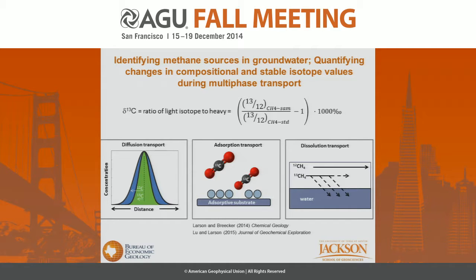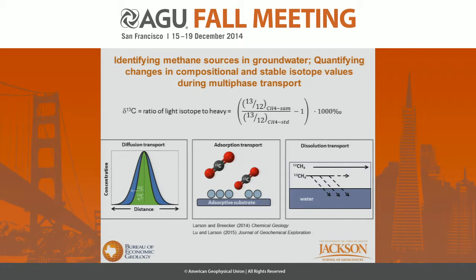The one that I'm going to talk about here though is dissolution isotope effects. C13 methane has a higher solubility than C12 methane, so if you were to transport methane over a body of water, you're preferentially going to lose the C13 methane into the water because of its higher solubility. And so that front, I think of it as a chromatographic front because I'm more of an experimentalist, is going to become more and more depleted in C13, so it's going to get much lighter. This is basically the premise of what we're actually working on.